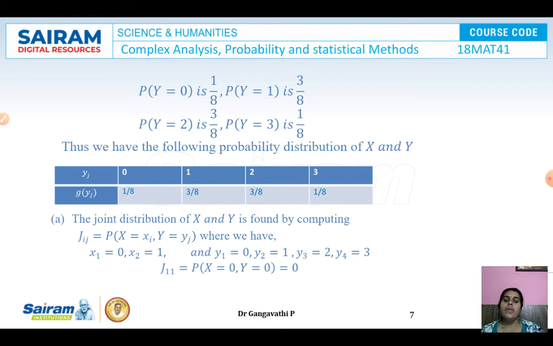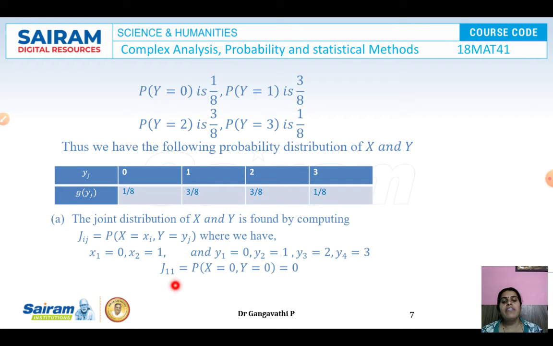Now the joint distribution of x and y is found by computing Jij, which means I need the joint distribution table, J11, J12, J13, all those values. So Jij is nothing but P of x is equal to xi and y is equal to yj. There are only 2 values of x, x1 is 0 and x2 is 1, and there are 4 values of y: 0, 1, 2 and 3.